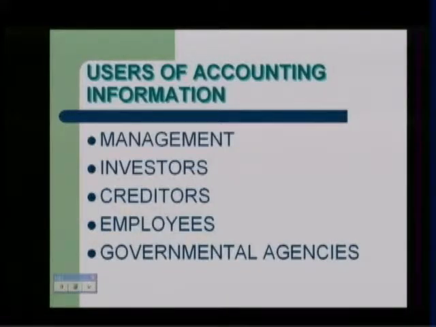And finally, one of the most important users of financial information would be governmental agencies. People like the Internal Revenue Service, the Tennessee taxing authorities, the Johnson City taxing authorities, all use this information for various revenue generating activities. So there are quite a few people who actually use the information that accountants pull together.